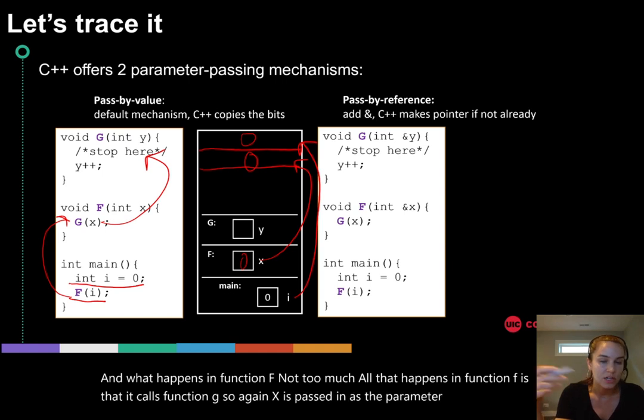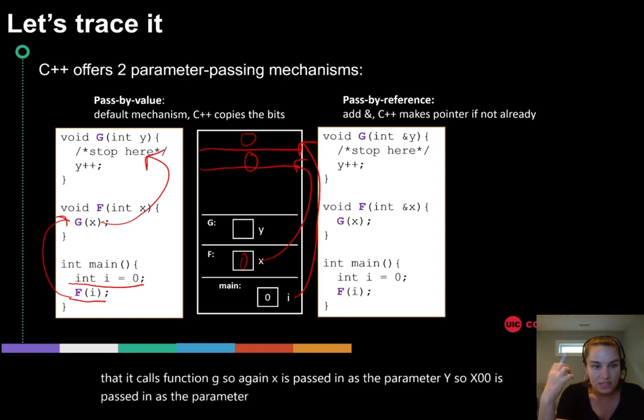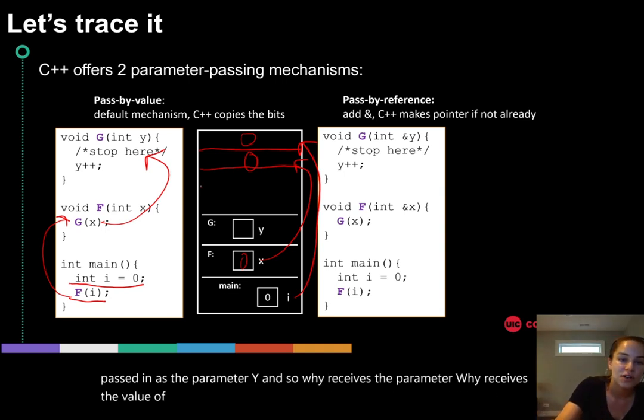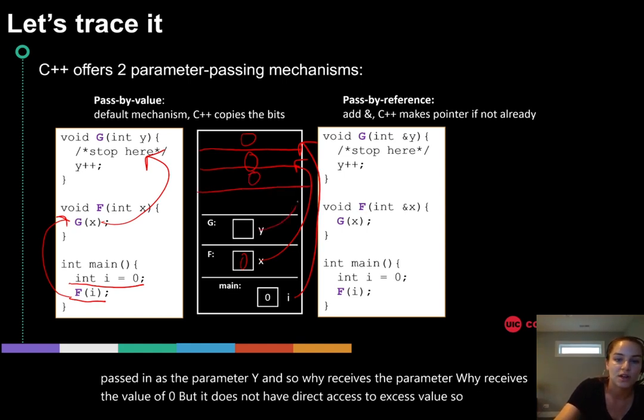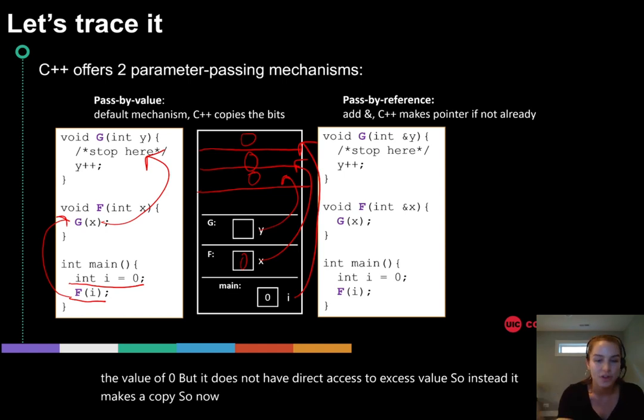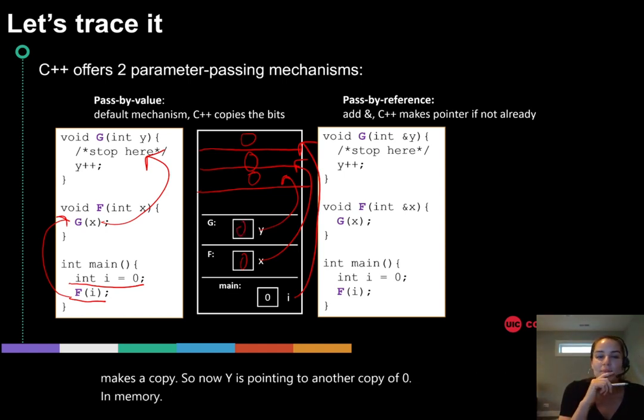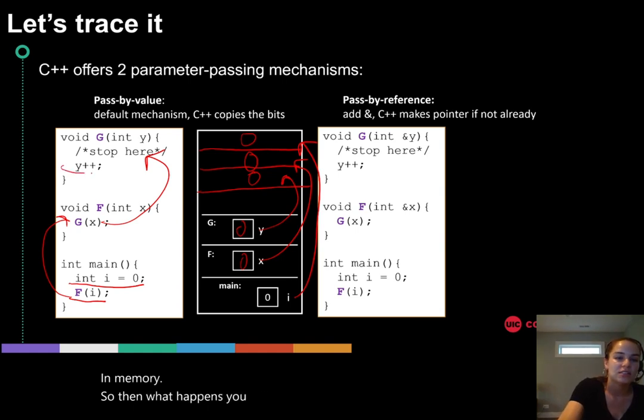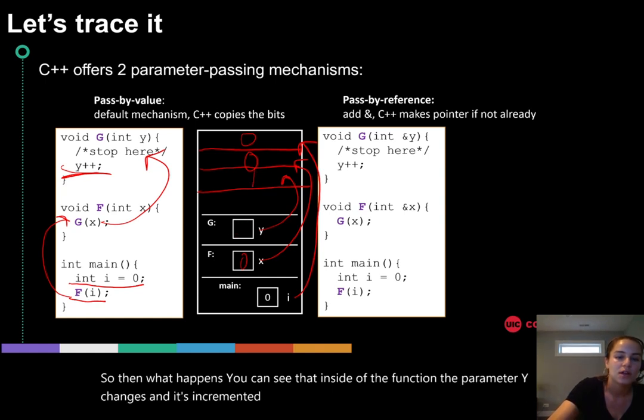So x is 0, 0 is passed in as the parameter y, and y receives the value of 0, but it does not have direct access to x's value, so instead it makes a copy. So now y is pointing to another copy of 0 in memory. So then what happens, you can see that inside of the function, the parameter y changes and it's incremented by 1.